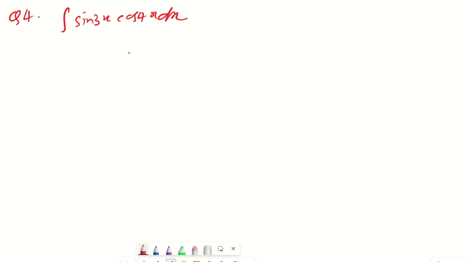So I'll take it as 2 cos a sin b, so that it will be easy for me to solve it. So what will happen, you know already cos a sin b is how much, sin a plus b minus sin a minus b. So using this formula we can solve this.